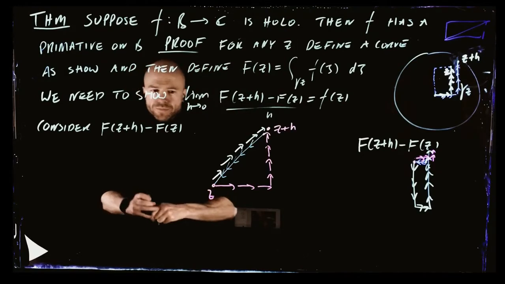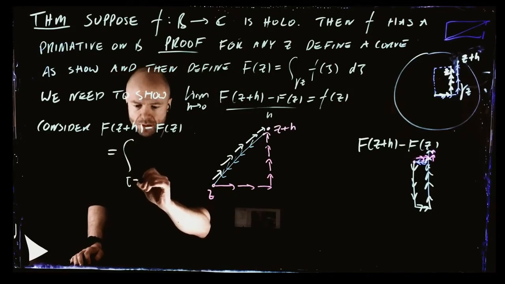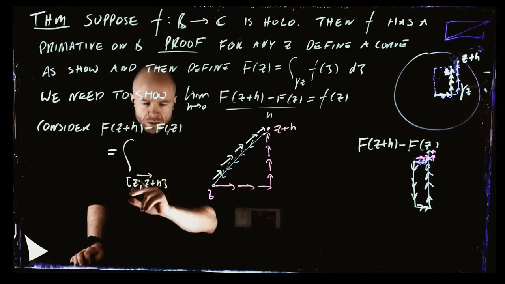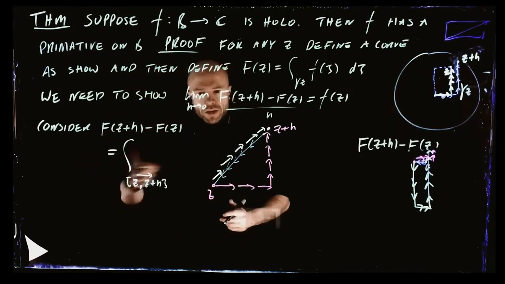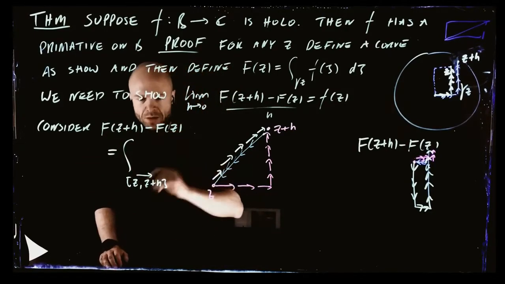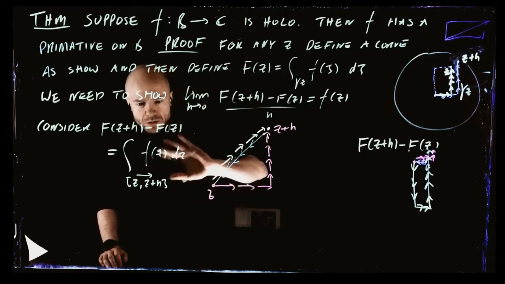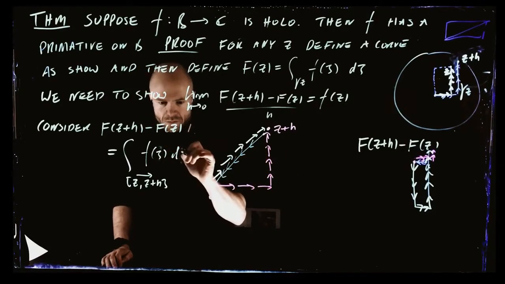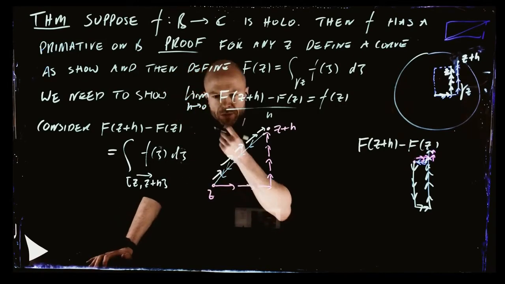So we've just shown that this thing is equal to the integral of the line segment z to z plus h, and I'm going to put this arrow here, maybe it's not necessary, just to indicate we're going from z to z plus h, of f of z dz. Not z, because we've used zeta. That's what we know. Thumbs up if you're with me.